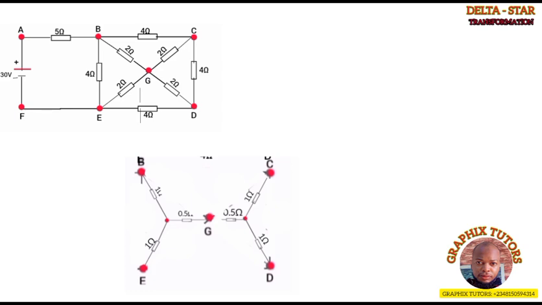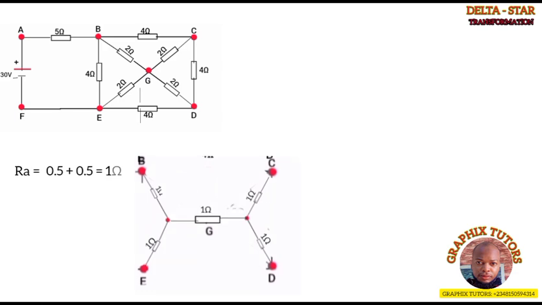So using R sub A, my R sub A will now be given as 0.5 plus 0.5, and my R sub A will be given as what? As 1 ohm. So I'm going to replace these two resistors here by one resistor, which is what? 1 ohm. So you add them together. So 0.5 plus 0.5 will give us what? 1. So this is all what we have here.